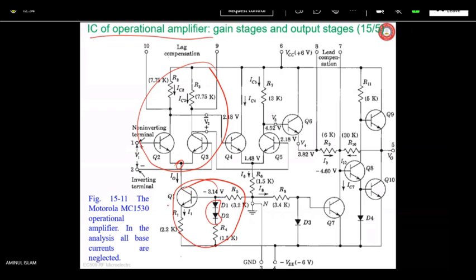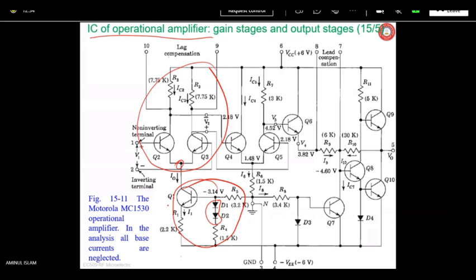If you neglect RBB compared with RB'E, we know what RBB is. It is the base spreading resistance of a small signal model of a BJT.